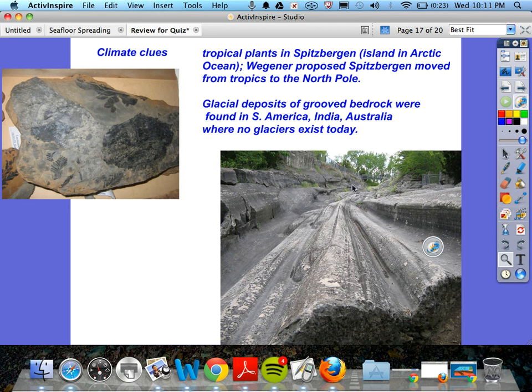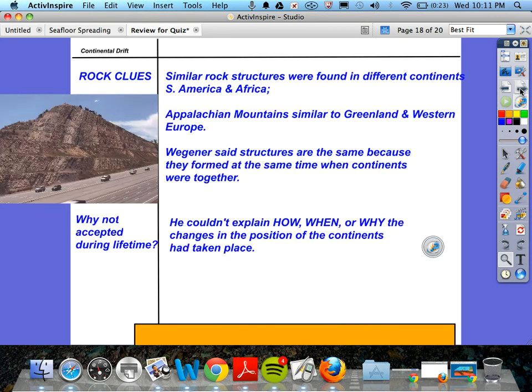And why would that be there if there wasn't ice there at some point? And how could there be ice in a place that's so warm? Wegener proposed that these areas were in the past farther to the North Pole or the South Pole.